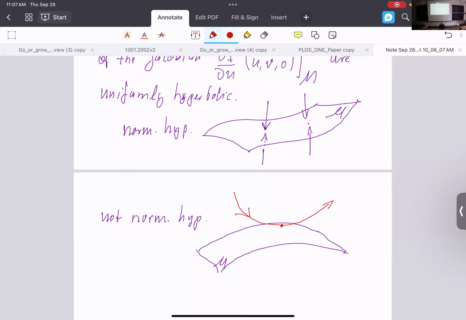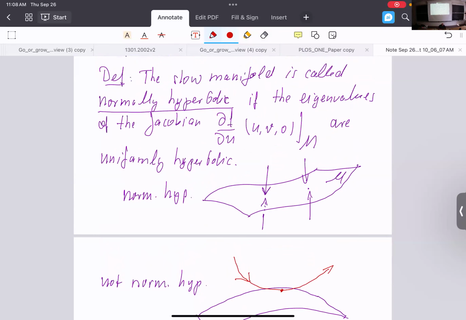Then at this point, which I indicated here, it is neither attractive nor repulsive. The eigenvalue of the Jacobian would be 0. And so this is a not normally hyperbolic case. So I think graphically it is quite intuitive. To compute this, you have to find the eigenvalues of this Jacobian here, which is also not too hard to do.